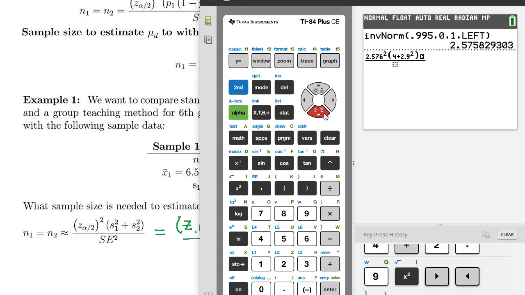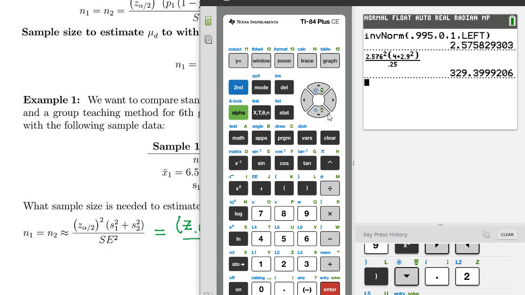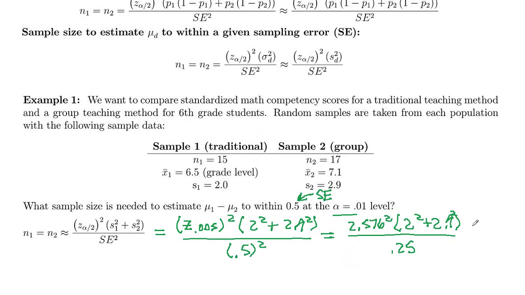Close up our parentheses, divide by 0.25. We get approximately 329.4.